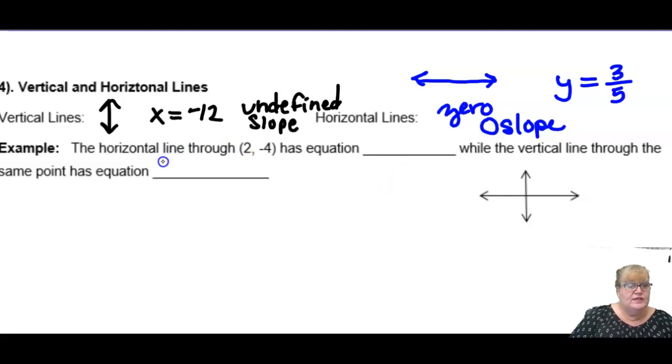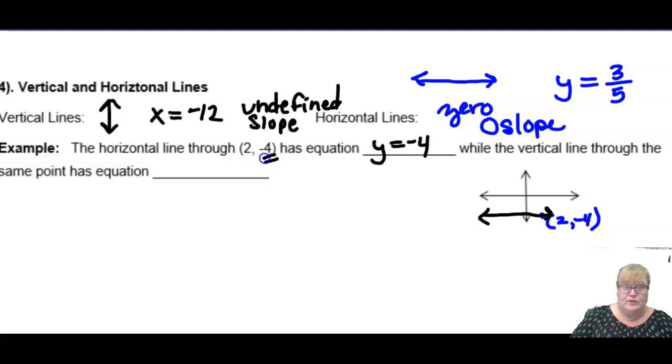Now, for this example, it says the horizontal line through 2, -4. So if we plot over 2, down 4, and then we do the horizontal line that goes through there, okay? That line has y equals, and where it crosses the y-axis is -4, so we just get y equals -4 from right here.